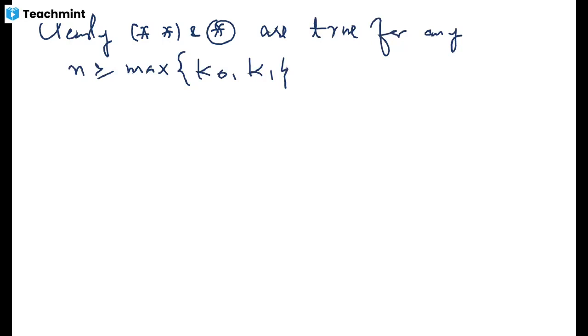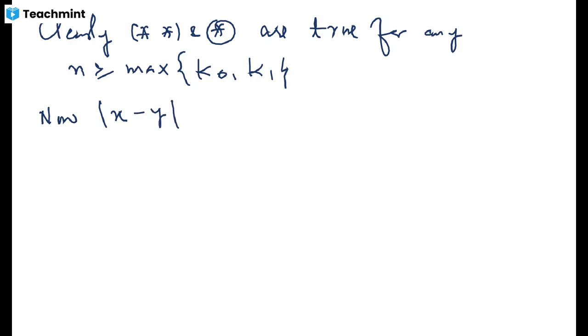Our job is to show that the sequence has a unique limit, which means to show that x is equal to y, and the better way is to show that the modulus distance between these 2 points is 0. That will be enough to establish that the points are the same.